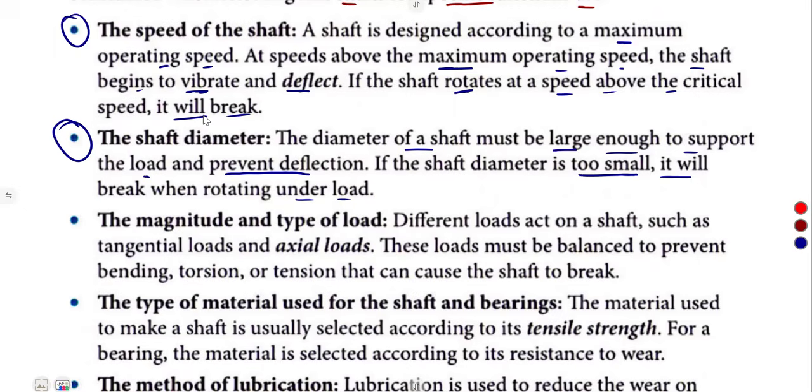When it rotates above the critical speed, it will break. Also, the magnitude and type of the load, because different loads act on a shaft, such as tangential loads and axial loads. These loads must be balanced to prevent bending, torsion, or tension that can cause the shaft to break.